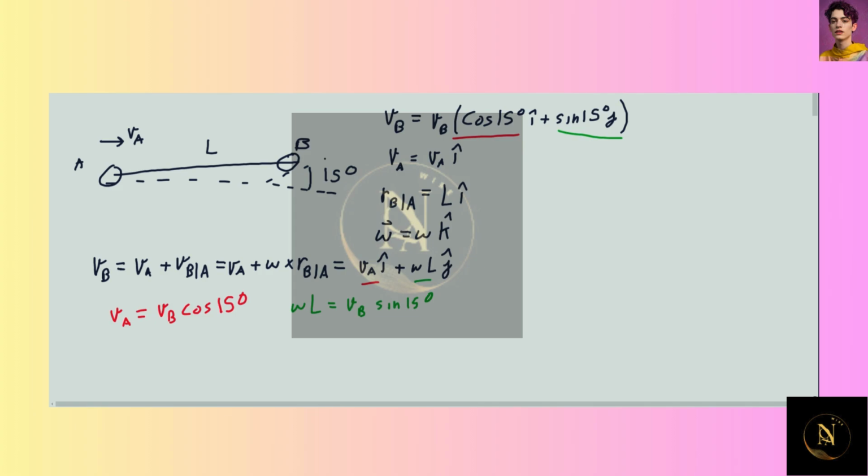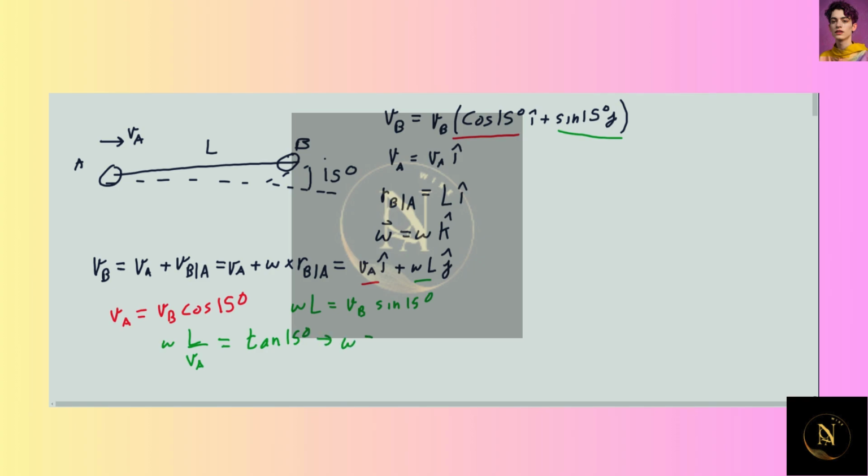So I will take the omega L equation and divide it by the VA equation. So we have omega L over VA equals, VB's will cancel out, and I'll get a tangent of my 15 degrees.